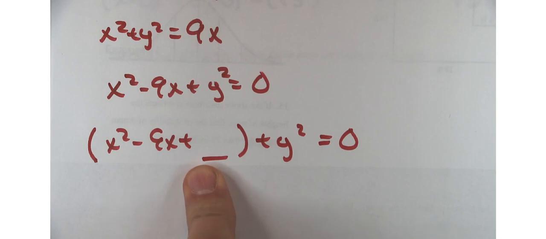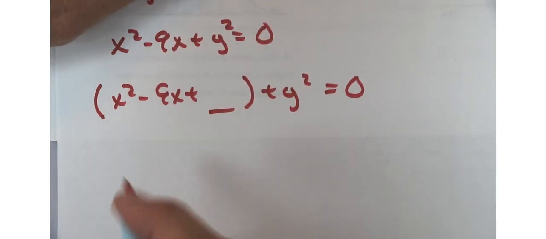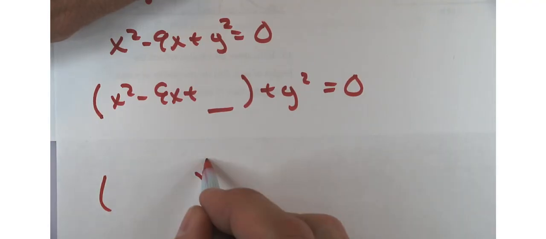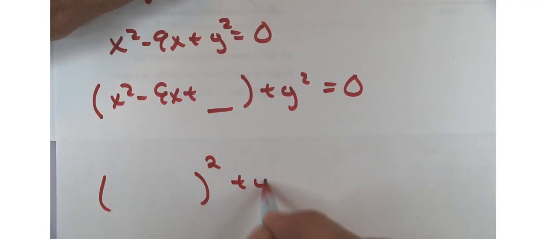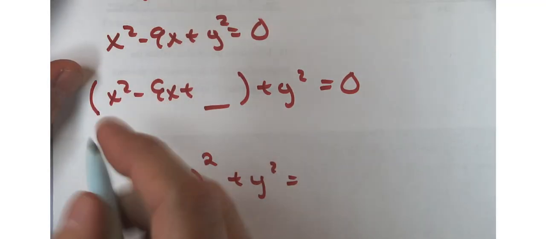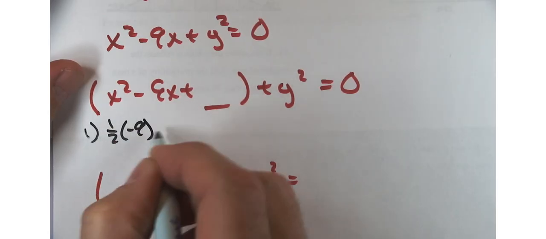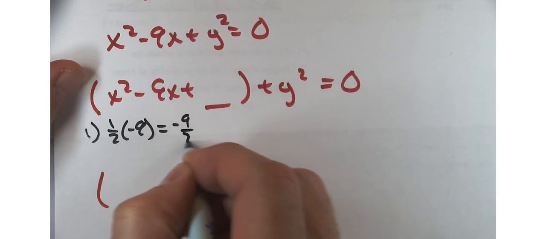So what I want to do is figure out what number in here makes that a perfect square. That is, I can say, oh, well, that's x minus this, squared. Now, the trick in completing the square, when you have something like this, is to take half of that middle number. Half of negative 9 is negative 9 over 2.